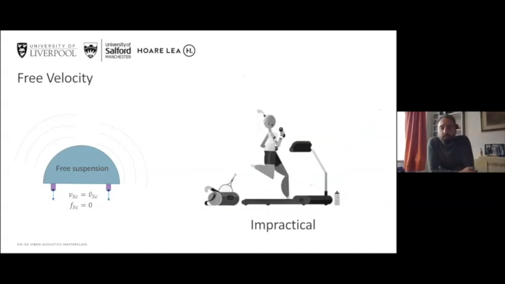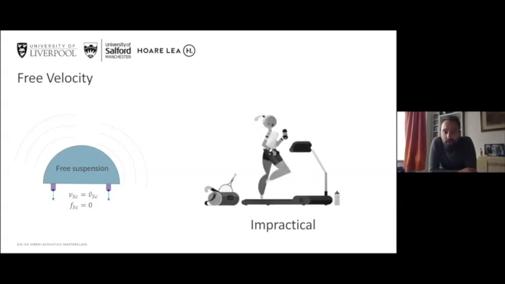Another example where the free velocity couldn't really be used very practically is this case here of a person running on a running machine. If we were to hang that running machine up on bungee cords, the whole thing would be bouncing around. That would make it very difficult for the person to run on the running machine, and it would change the nature of the source input internally.